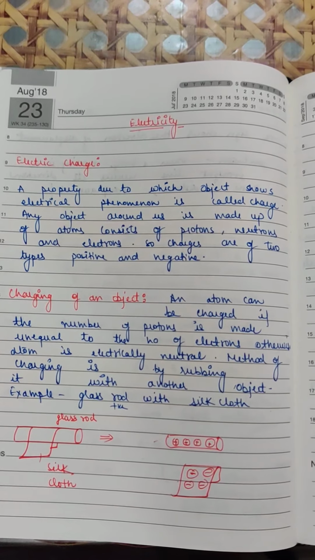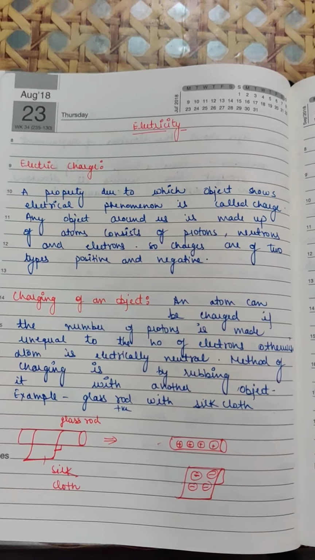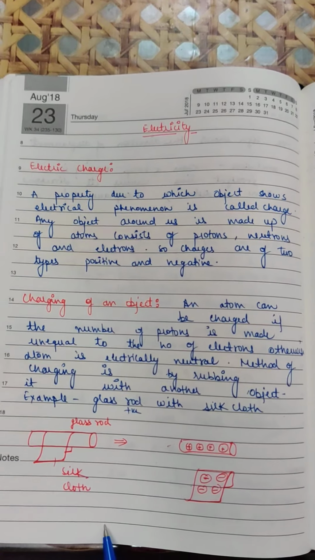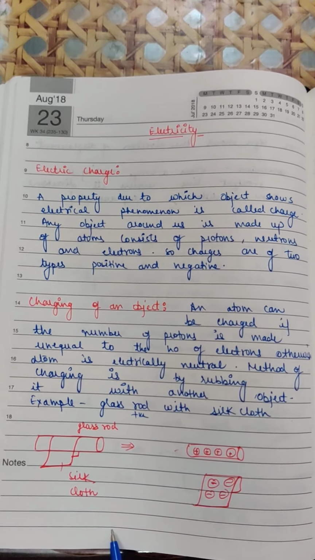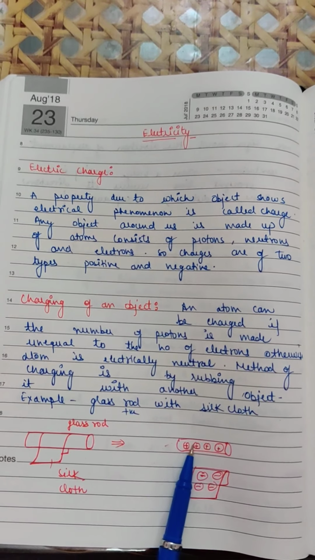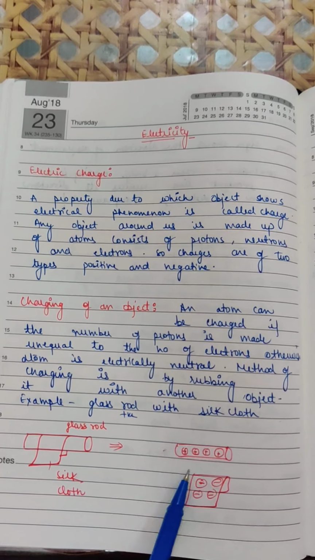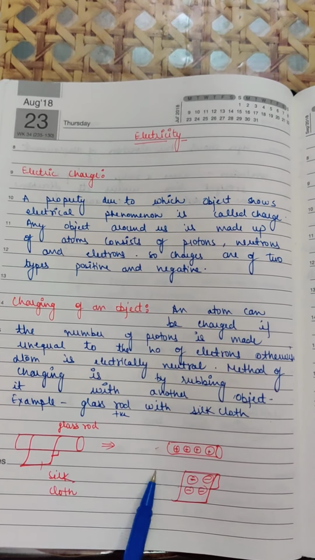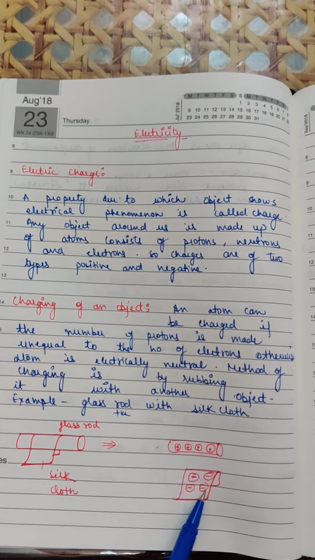So during rubbing, the electrons are removed from that material in which the force of attraction is comparatively weak, and in this case the glass rod has weak forces. That's why electrons transfer from the glass rod to the silk cloth.